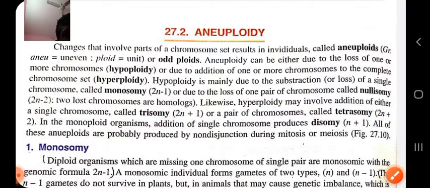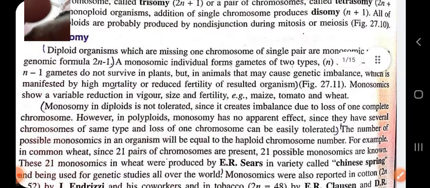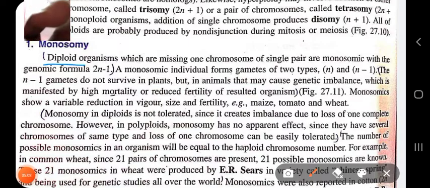Let us discuss monosomy now. In monosomy, diploid organisms which are missing one chromosome of a single pair are monosomic.